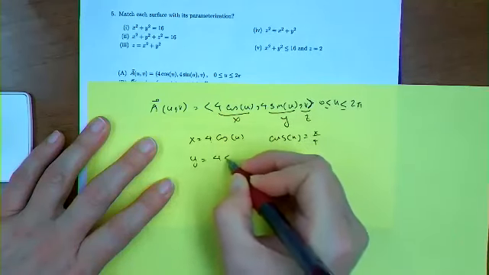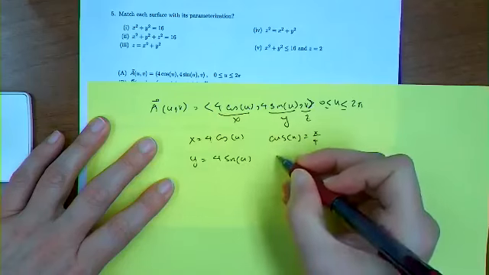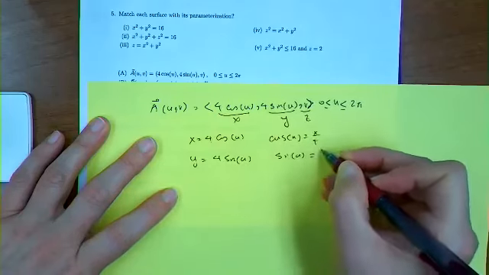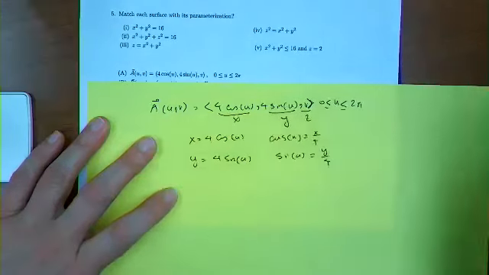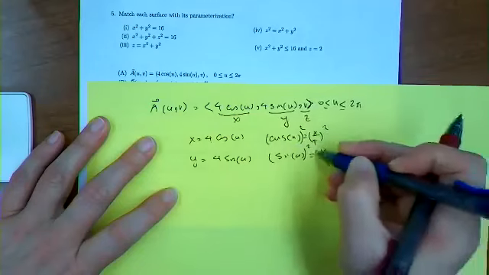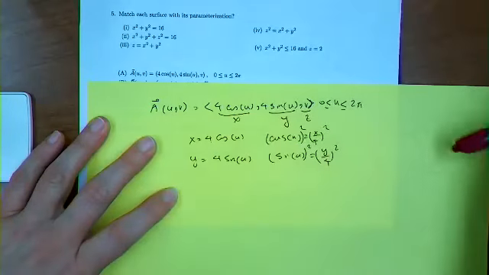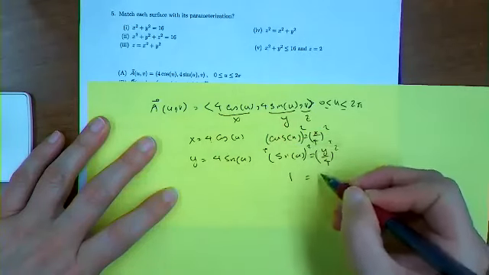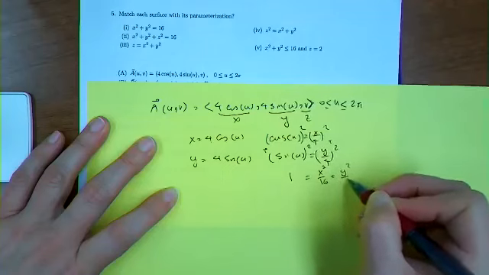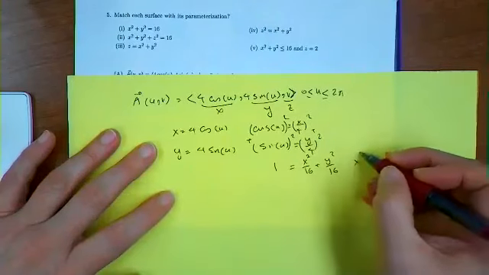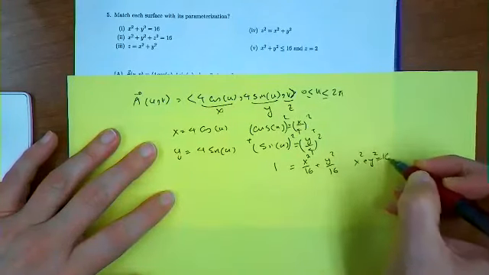If y is equal to 4 sine of u, then sine of u is equal to y over 4. Go to power 2, and then this side adds up to 1, and the other side adds up to x squared over 16 plus y squared over 16. And that's basically x squared plus y squared equal to 16.